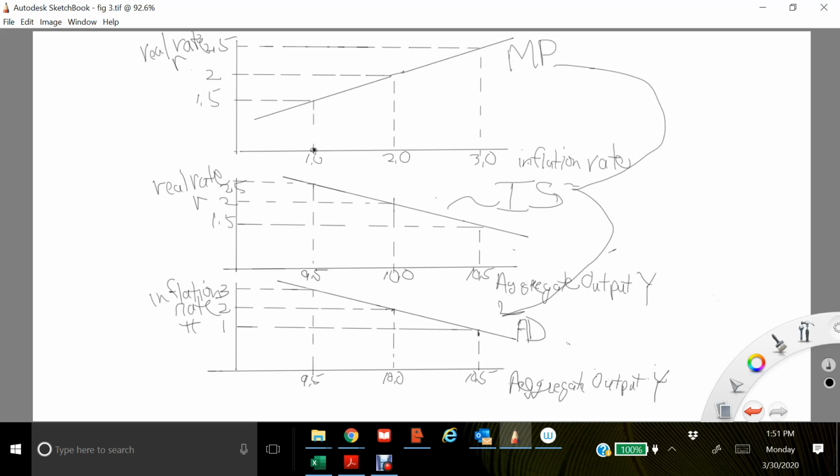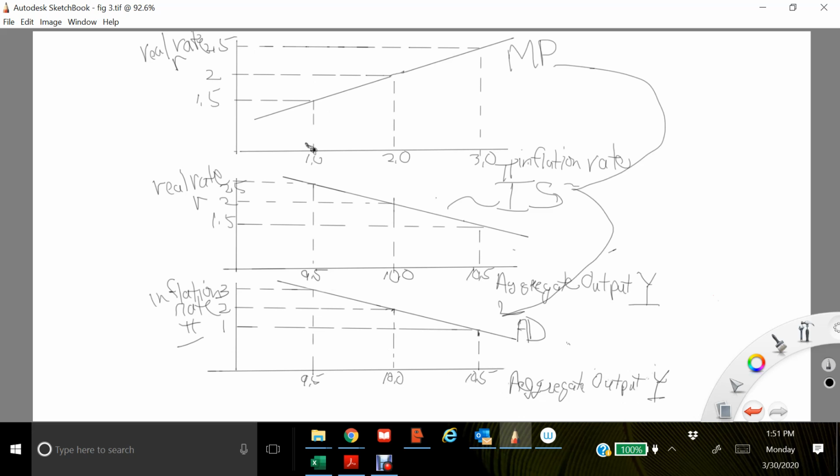In other words, here we have a function of r and pi. Here we have a function of r and y, and we're going to end up with a function in pi and y. Okay, so here's how we do it.